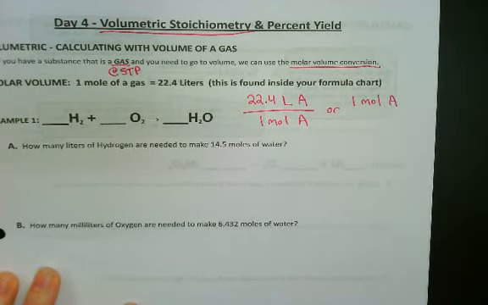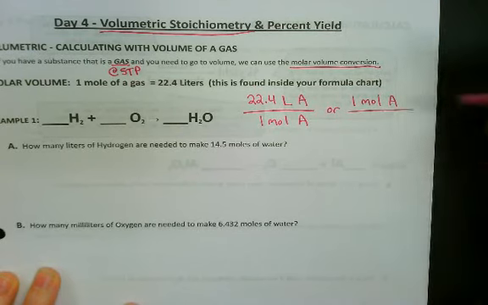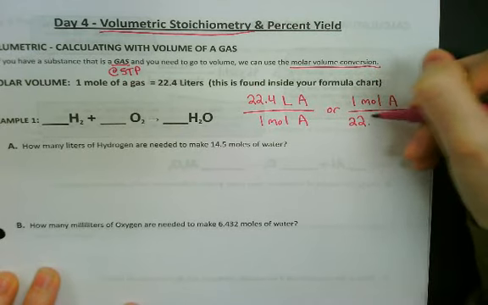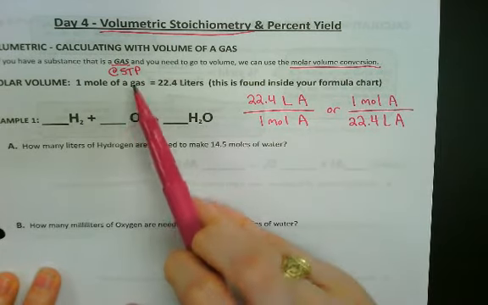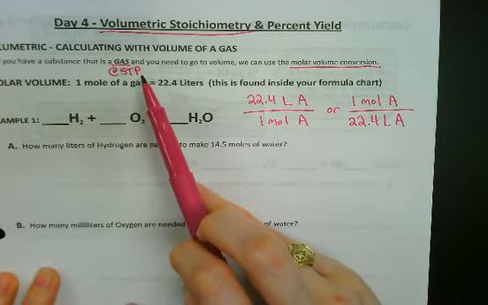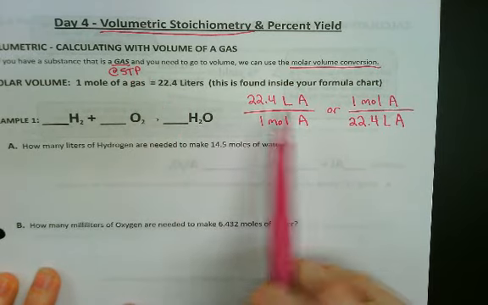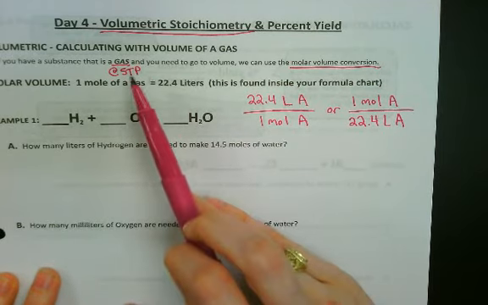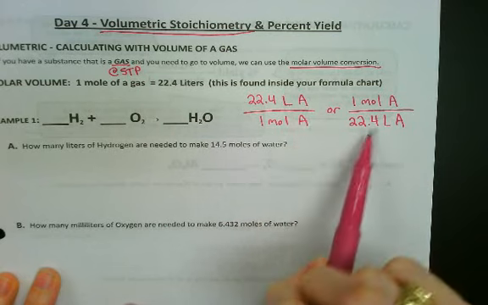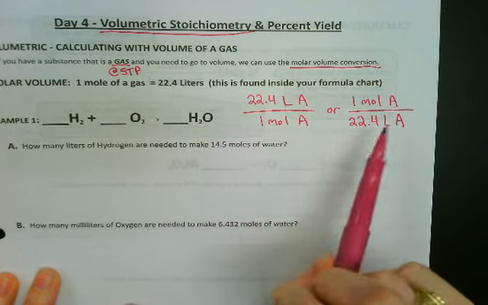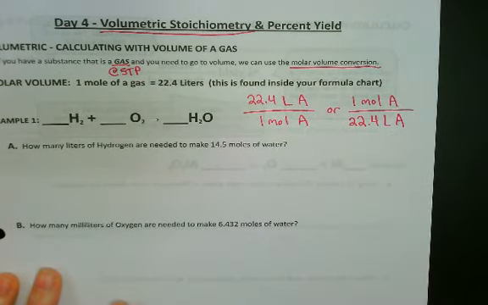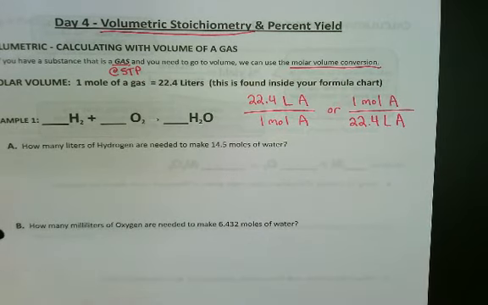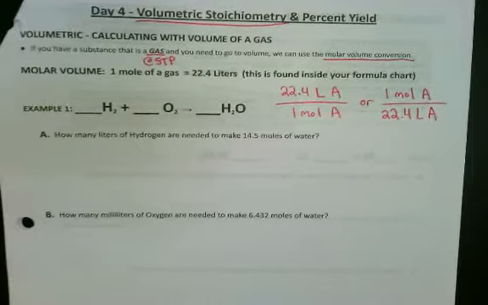So 1 mole of a compound or element is equal to 22.4 liters of that compound or element. Again, for a gas at standard temperature and pressure. This doesn't work if you have a liquid or a solid. It has to be a gas. But you will set up your conversion in one of two ways, this way or this way, based on your dimensional analysis that you have set up. So as we move through our problems today, we're going to see that.